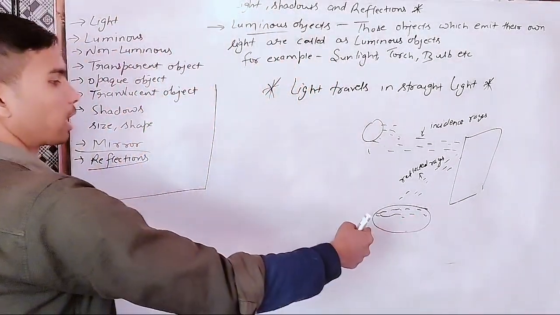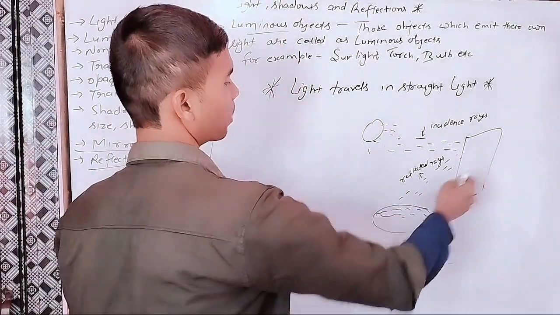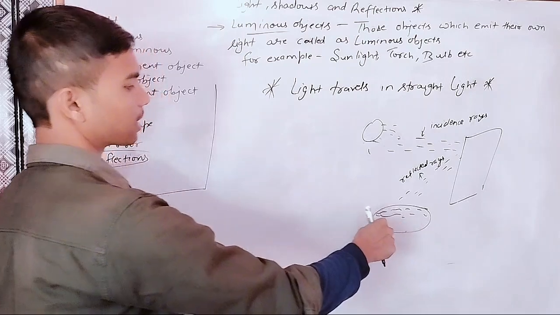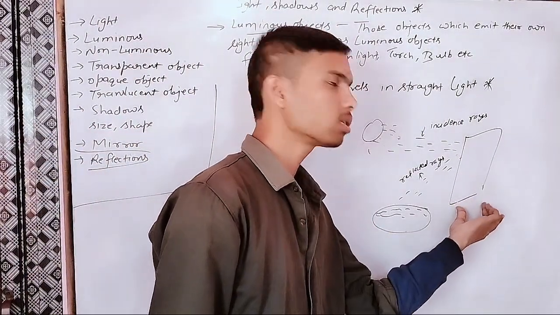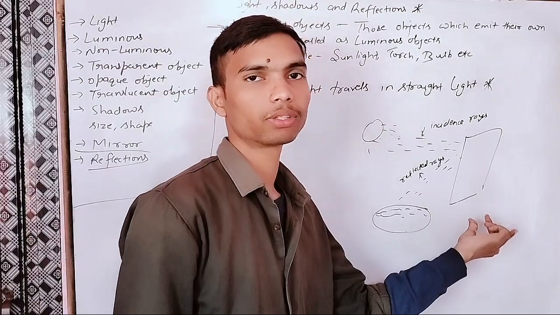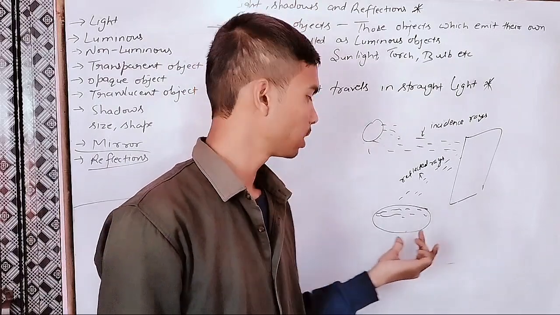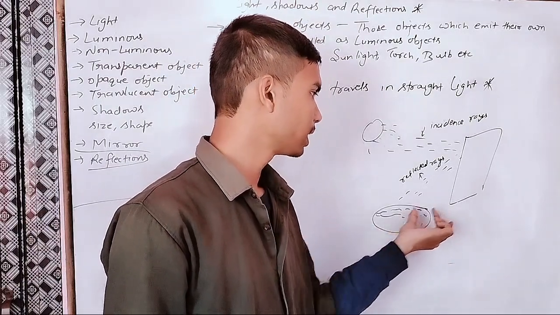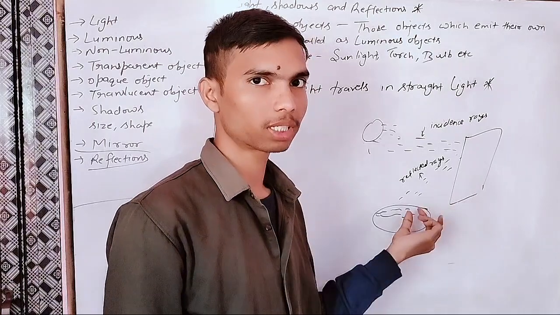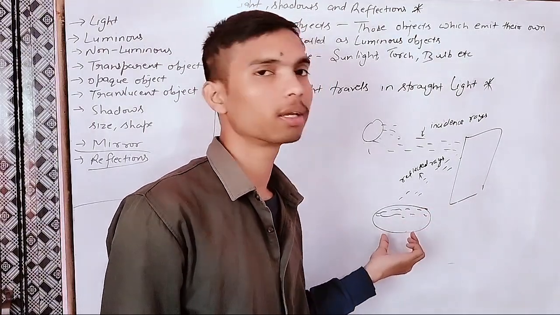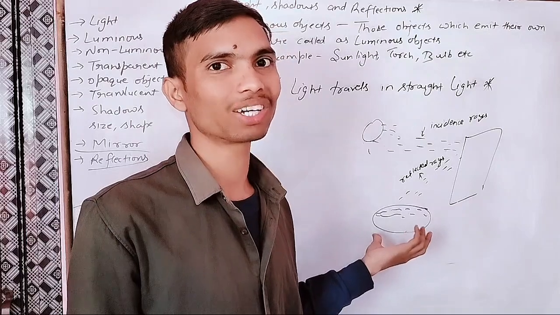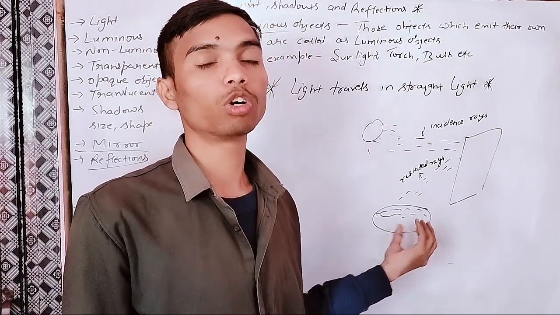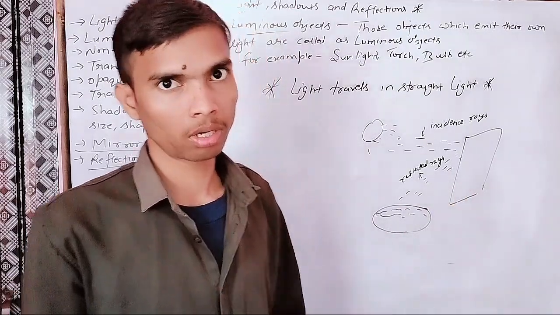Here we are able to see the image of this building inside the pond water. So this is the original object, so it will be considered the object. But we are looking at the image of this object inside water. So this formation would be considered the image.